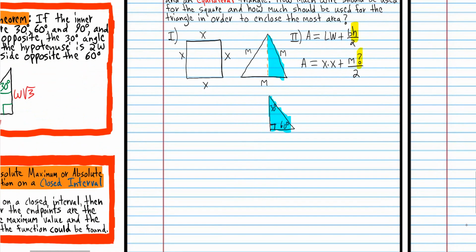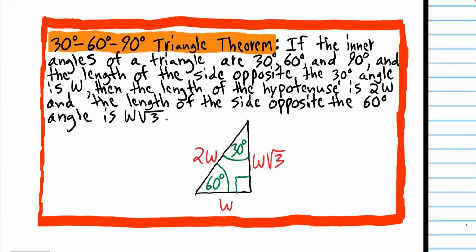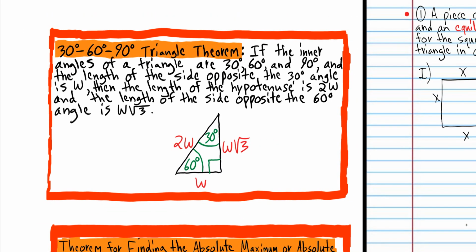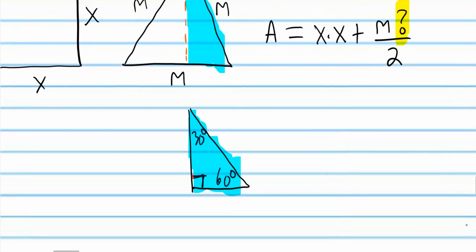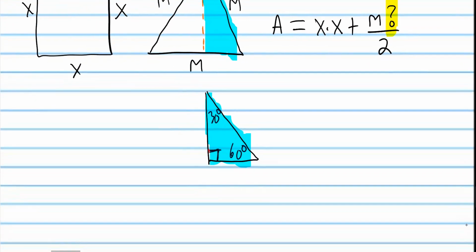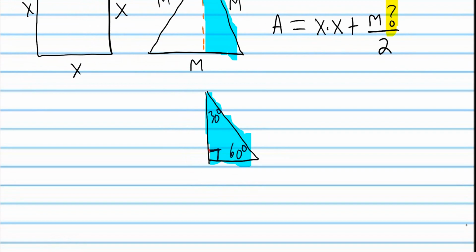So now we can go to our knowledge of 30, 60, 90 degree triangles. We have this theorem here that you should know by heart at this point. You can take a picture of that if you forgot that, but we did that a lot in trigonometry, and I think we reviewed it in pre-calculus. So if this side is omega, then this side is 2 times omega, and this side is omega times root 3.